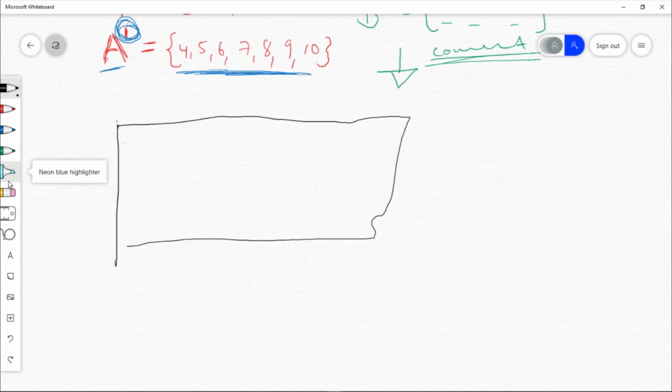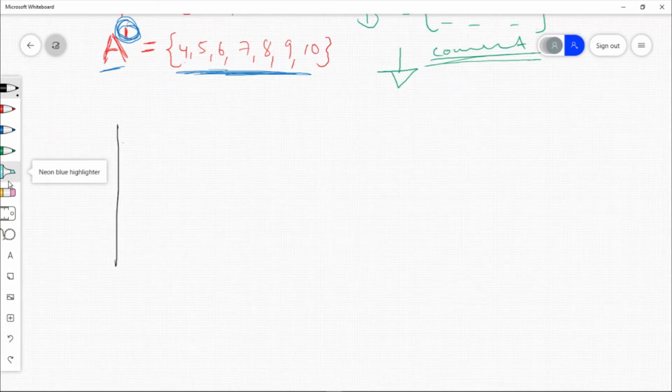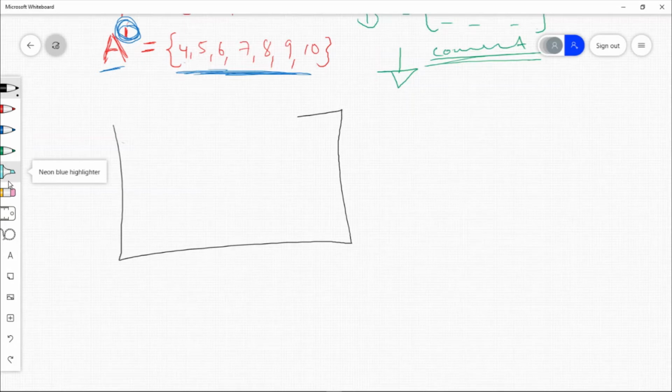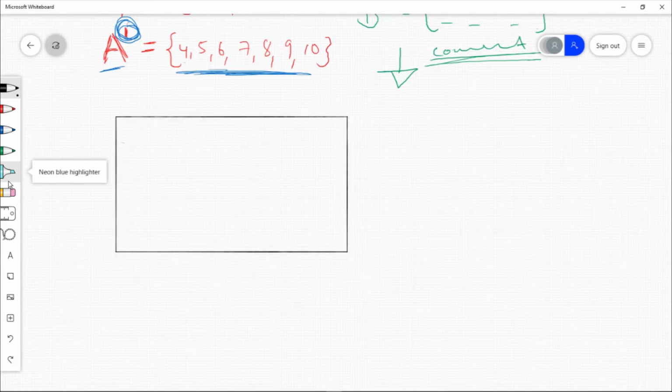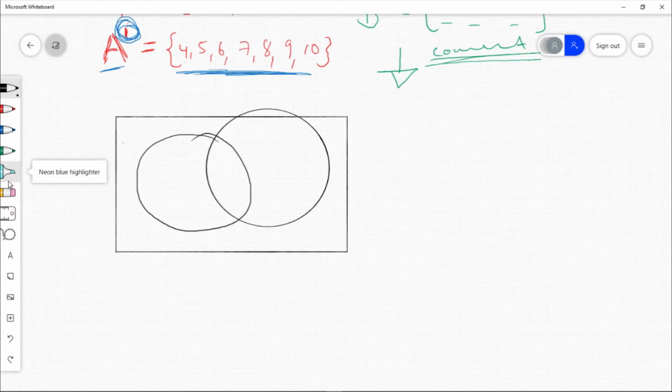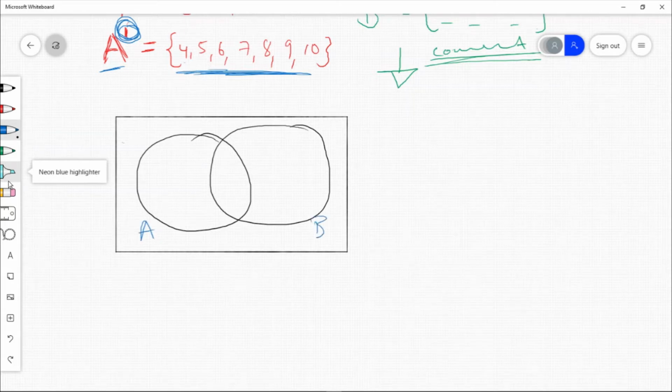Awesome. Okay, so let's say we have A and we have B. Why does it not pick up some of the things? So let's say A and B. I'm thinking out loud.